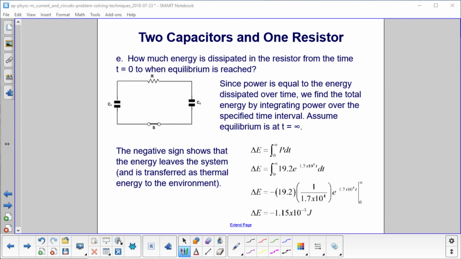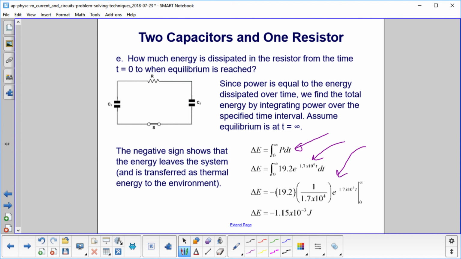Since power is equal to the energy dissipated over time, we find the total energy by integrating power over the specified time interval. Assume the equilibrium is at t equals infinity. So we have our delta E is the integral of p dt from 0 to infinity. We put in our value for power. We do the integration, which is just right here.